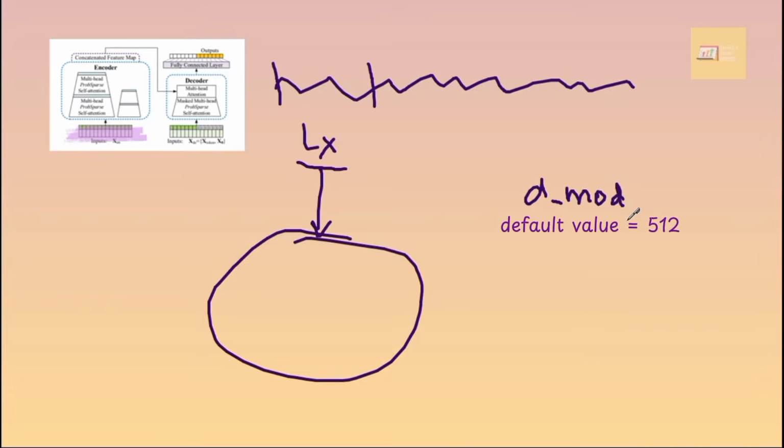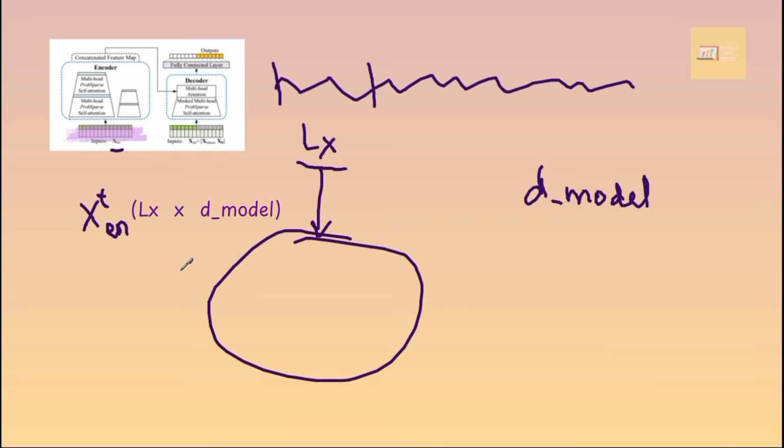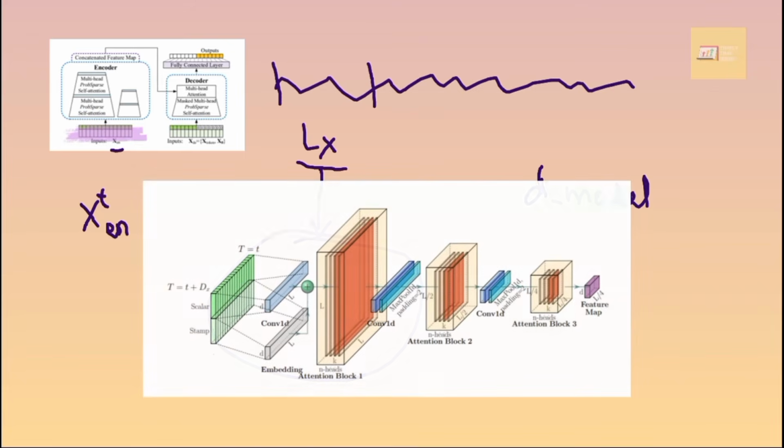So the output of the input representation layer is a matrix that is called, as written here, X encoder at time t. t is like the t-th subsequence. Okay, and the dimension of this matrix is Lx rows and d_model columns. Then X encoder at time t will be fed to the encoder part.